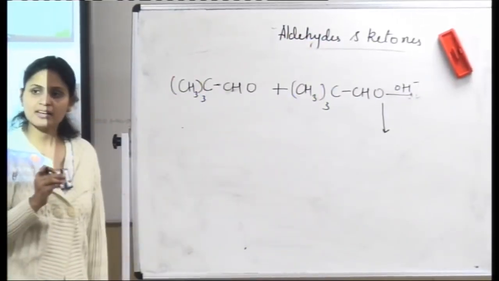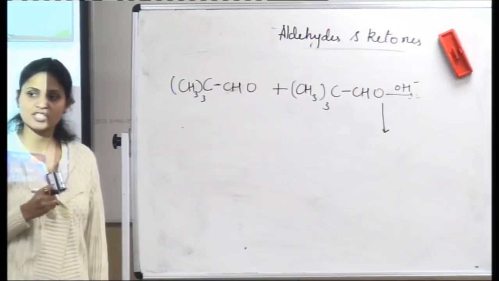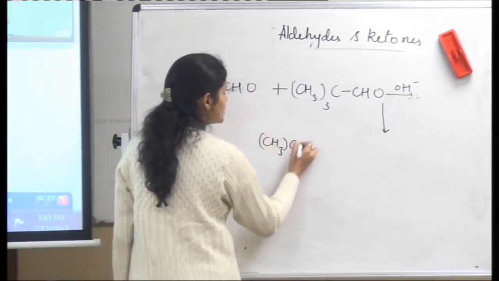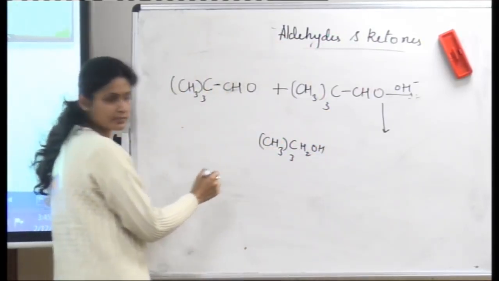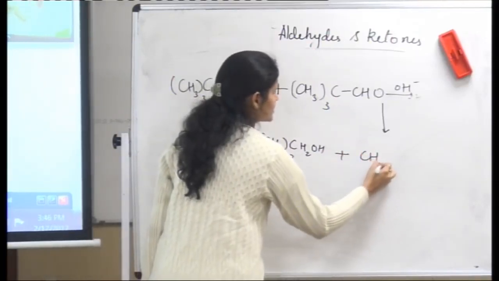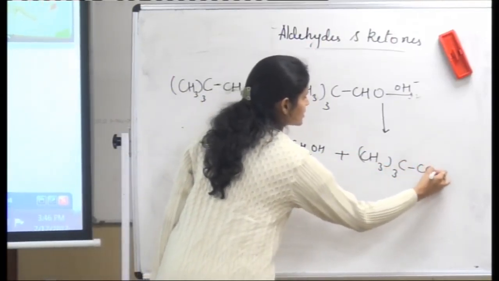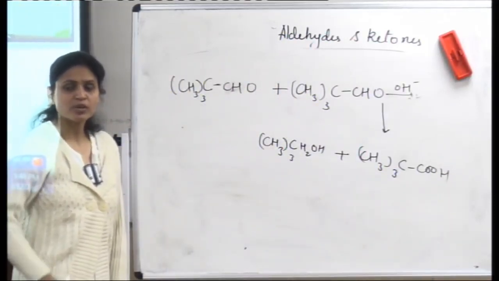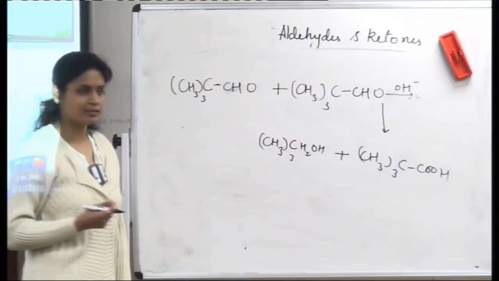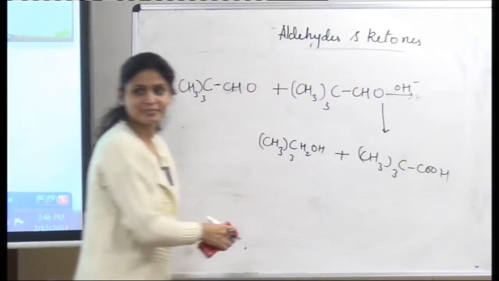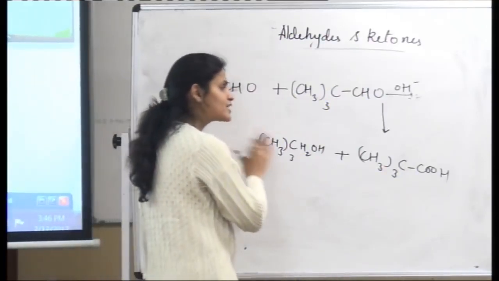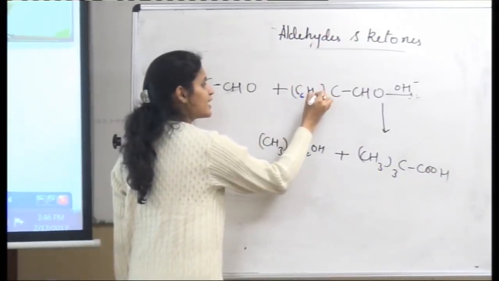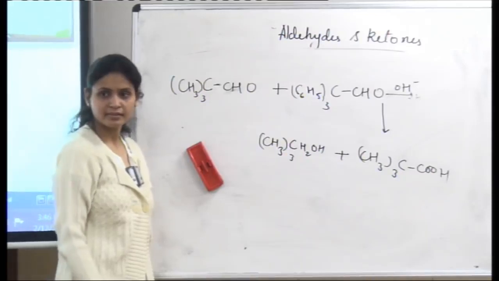Cannizzaro reactions are basically self oxidation and reduction reactions. In this case the product would be (CH3)3CCH2OH and (CH3)3CCOOH, right? So what were you expecting as the exception? This is for bulky compounds. Suppose I replace this by (C6H5)3.